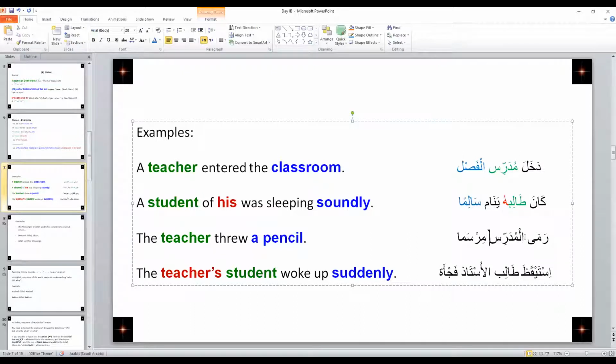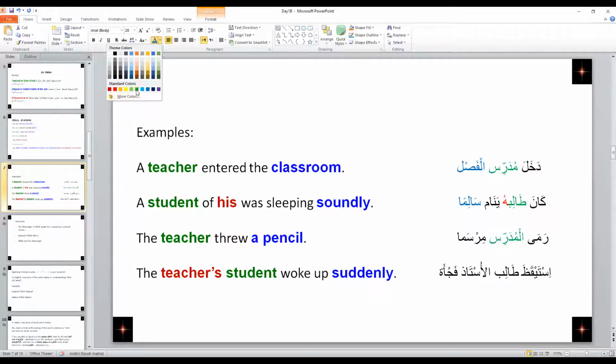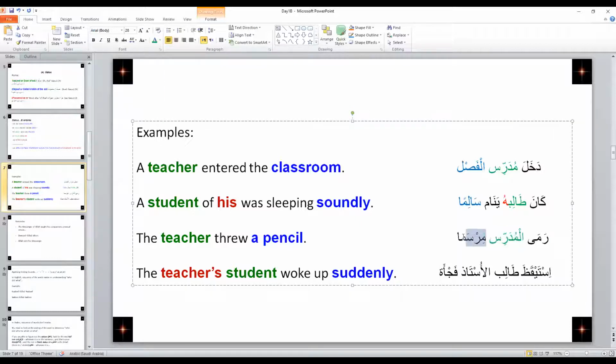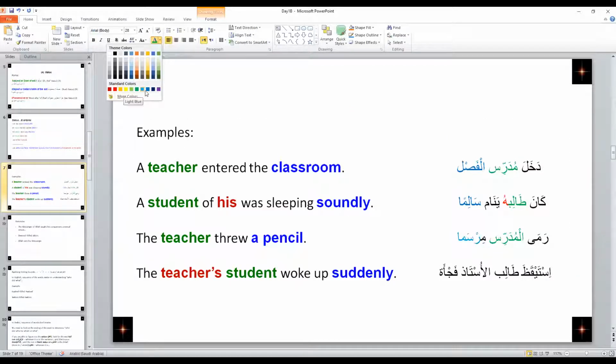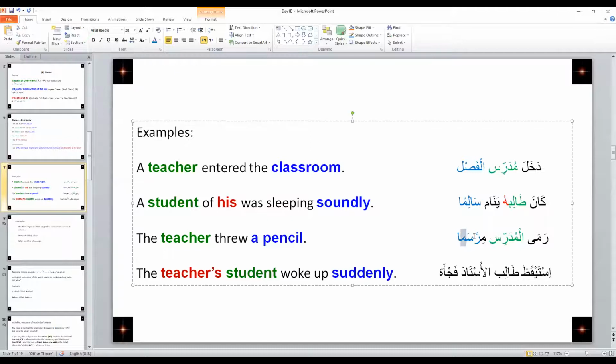I hope you are following. Then Rama al-Mudarris: this Mudarris is Mudarrisu, so it is the doer, so it is green in this case. Mirsaman is the one that the action fell onto, so it is blue. This blue is not deep enough.